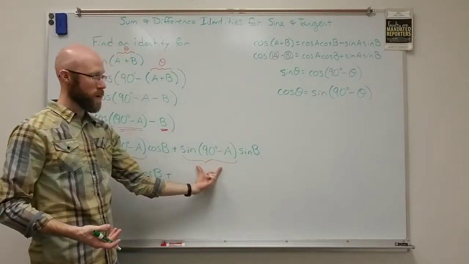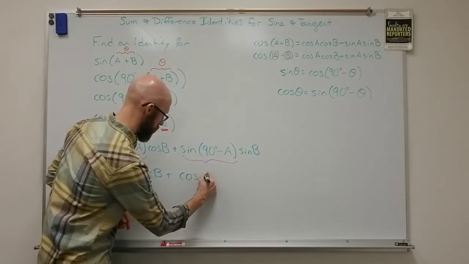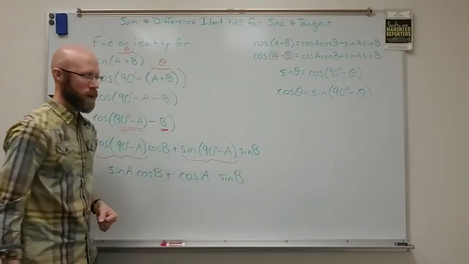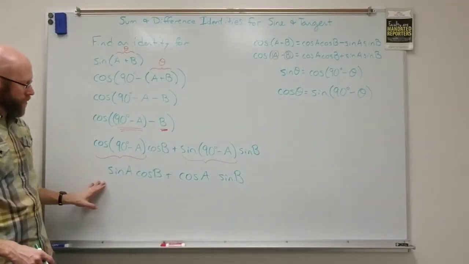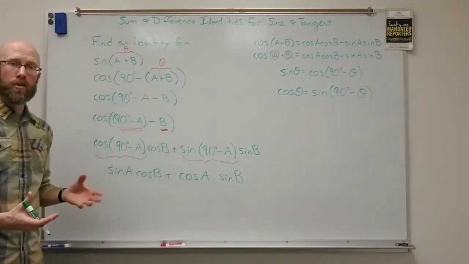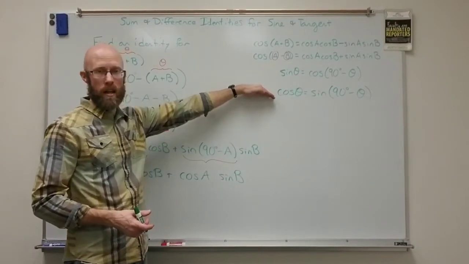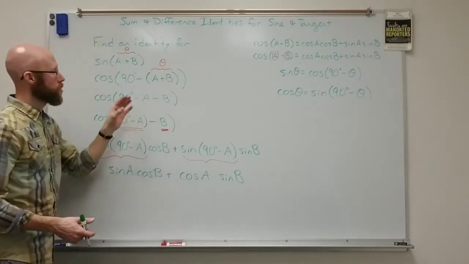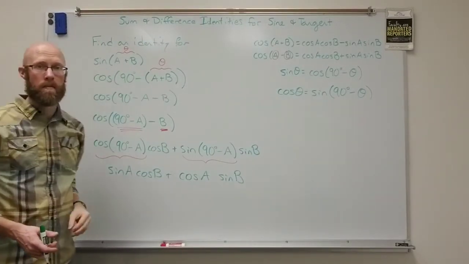So we'll call that cosine of a. And then we also have our sine of b hanging out on the end. So this new formula is an application of multiple different formulas. We're utilizing two cofunction identities and the difference identity for the cosine in order to create a new formula for the sine of a sum.